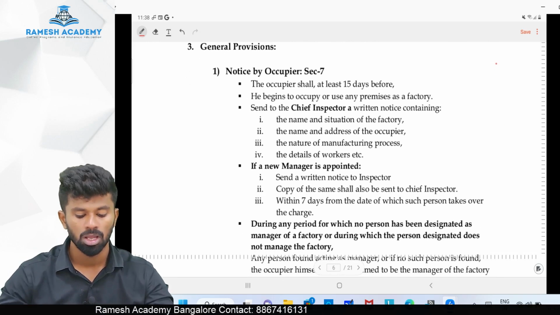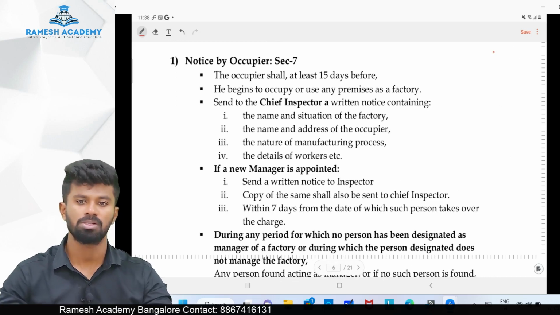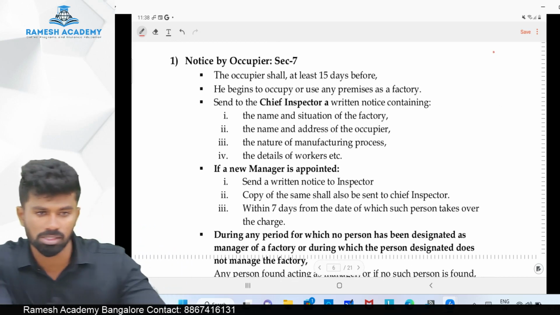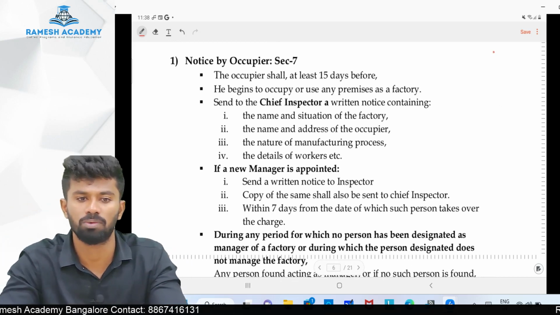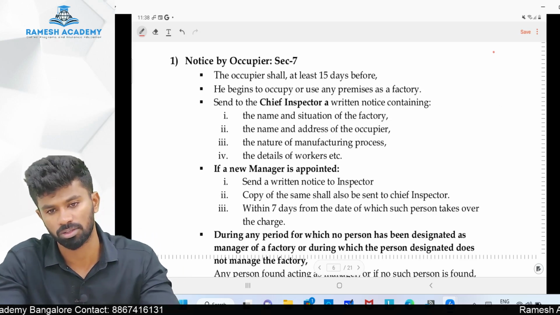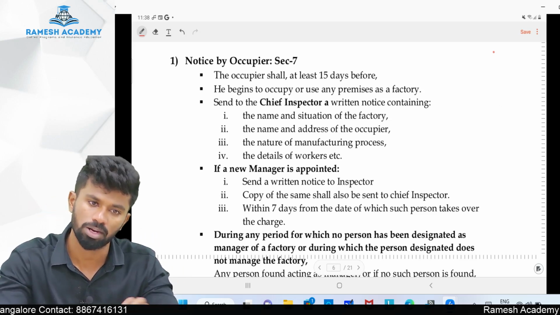General provisions. Notice by occupier, section number 6. Section 6 provides the provision with respect to notice to be given to the chief inspector by an occupier. That is why the definition of occupier is important.